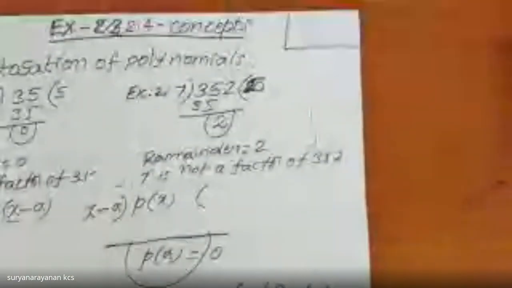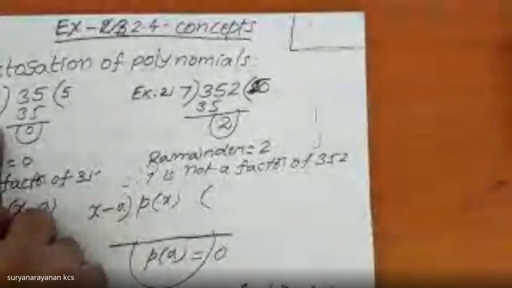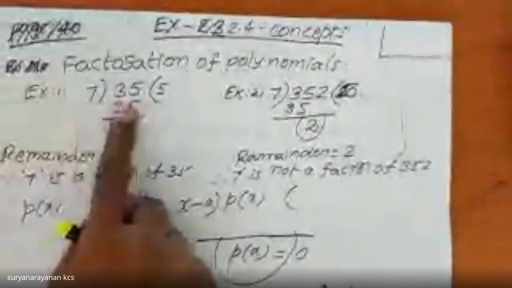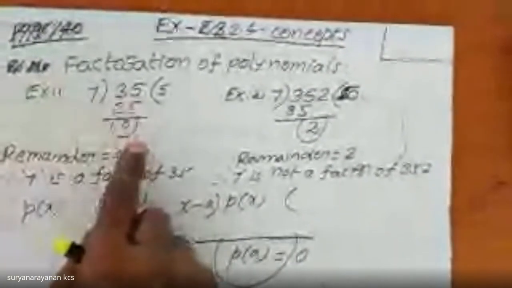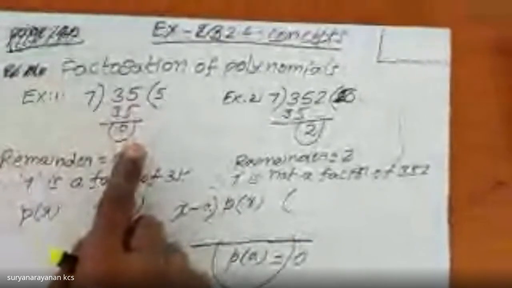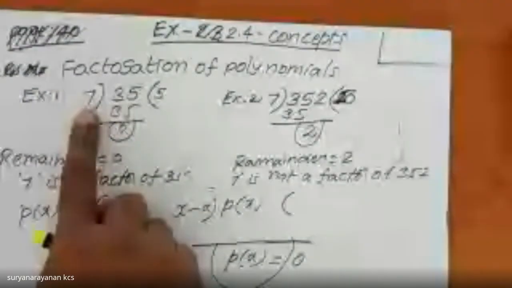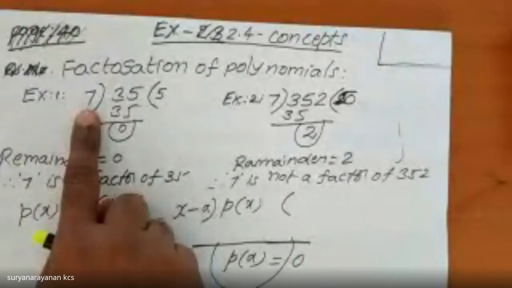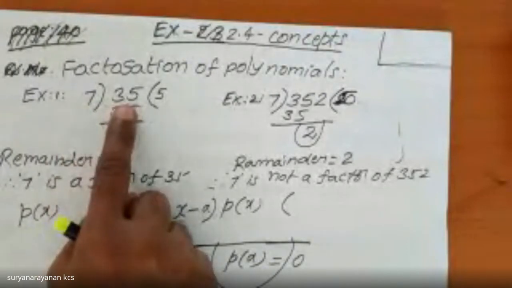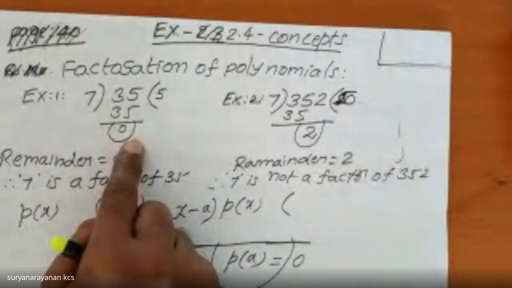Yes or no? If 7 is a factor of 35, what will you get as the remainder? 0. If the number 7 is a factor of 35, then you get remainder 0 in the long division. Yes or no?